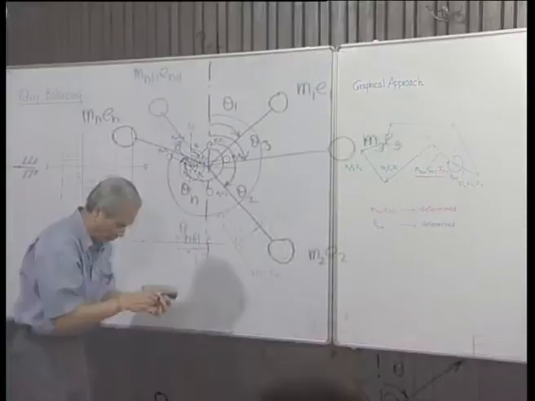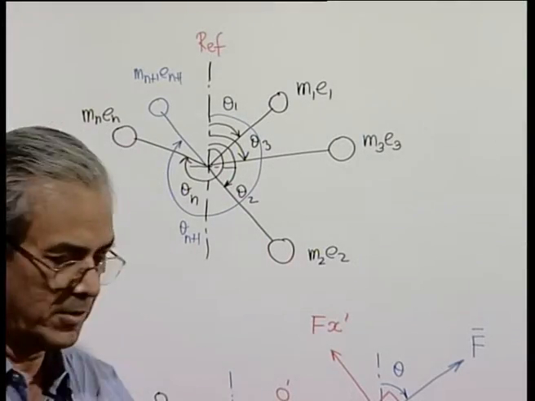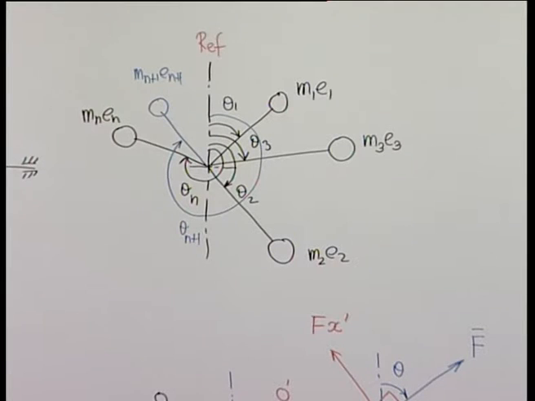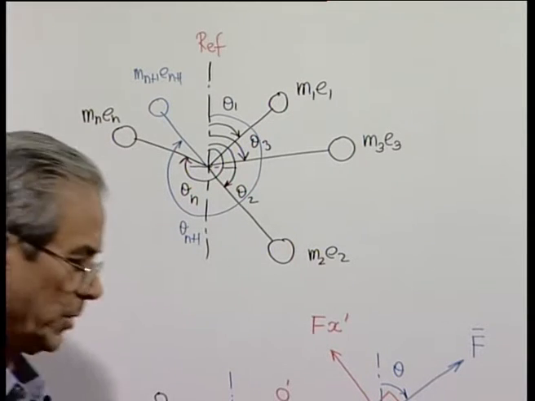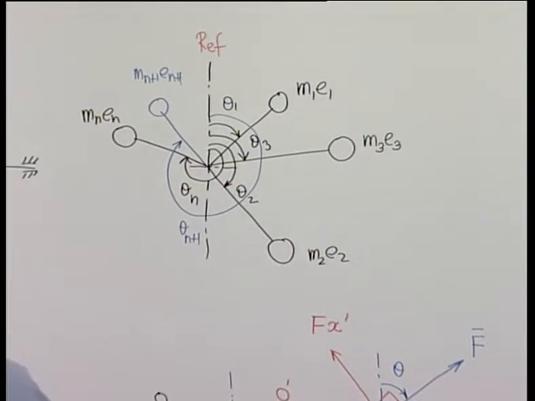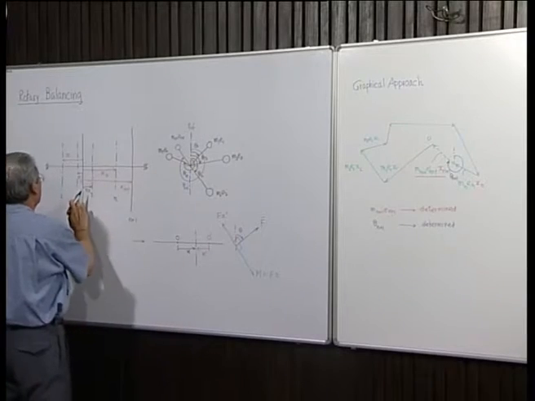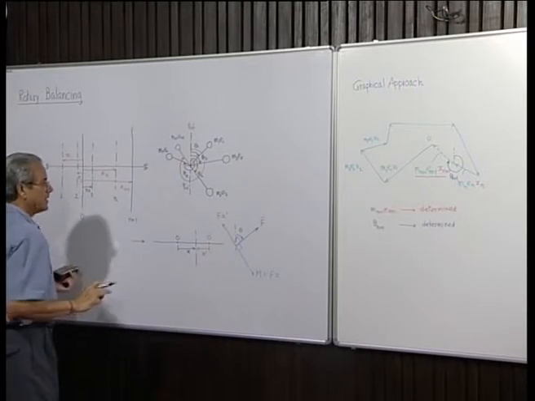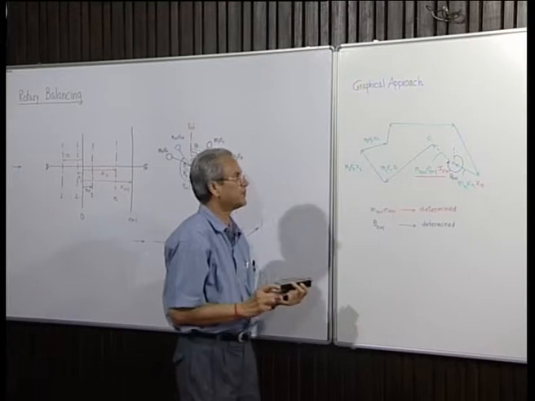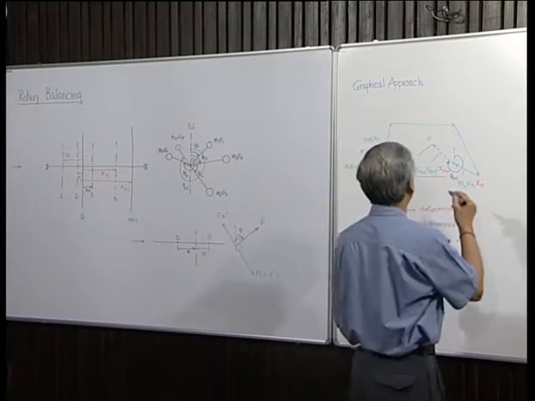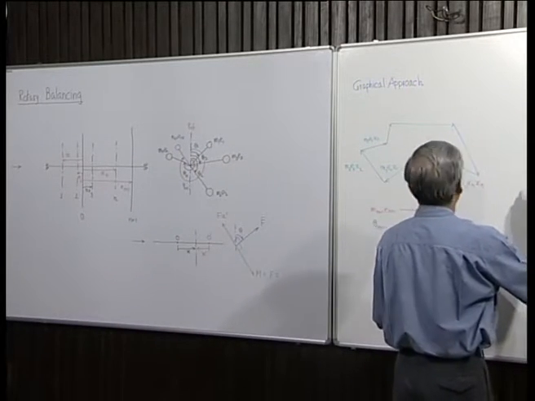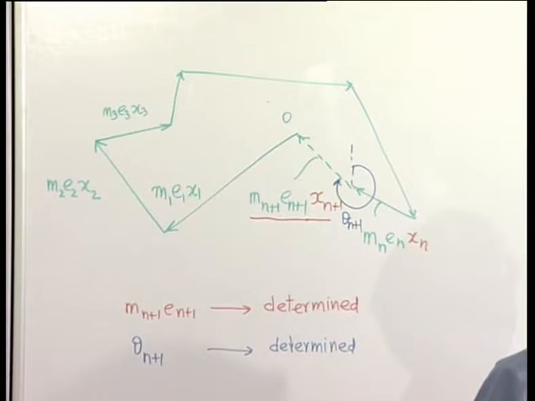Once this is known, we can then proceed to draw the force vector diagram, because now only one force is unknown, that is the balancing mass placed at plane 0. So, to do that, we have to now draw the force vector diagram.